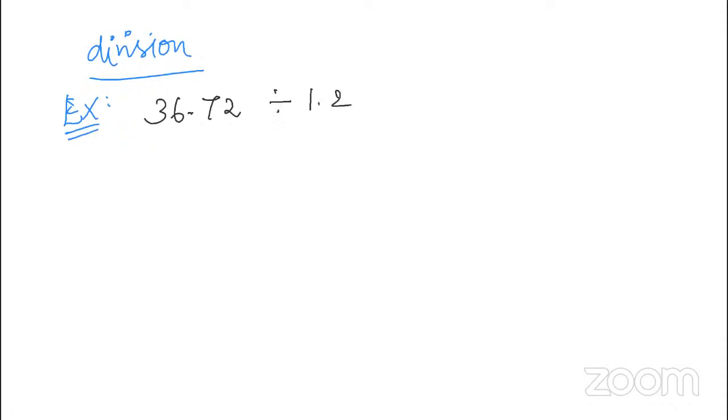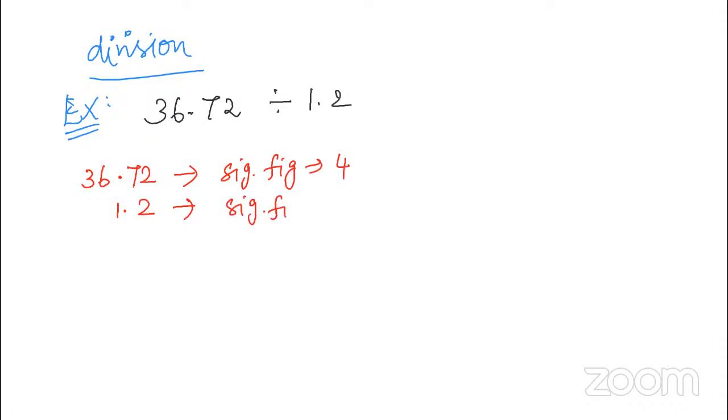So now write the significant number for 36.72 and 1.2. For 36.72, the significant figure value, yes, it is 4. And for 1.2, the significant value is 2.